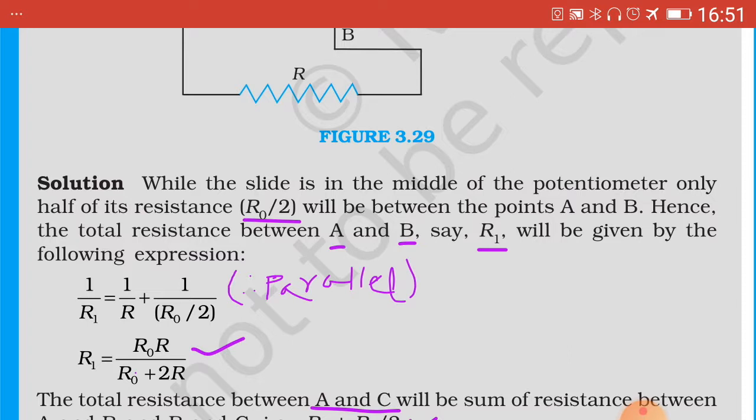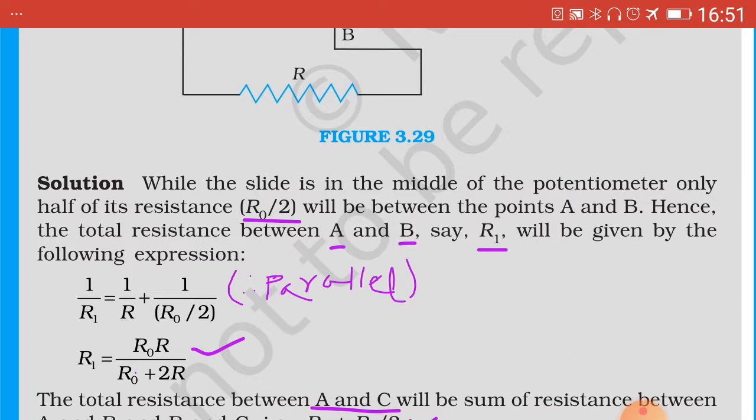Now 1 upon R0 by 2, so 2 will go in numerator, so this is equal to 1 upon R plus 2 upon R0. This on simplifying and reciprocating it, we get R1 equal to R0R upon R0 plus 2R, which has been tick marked.